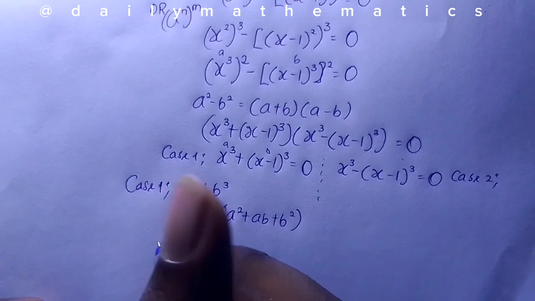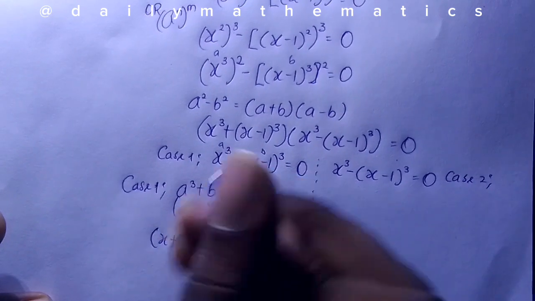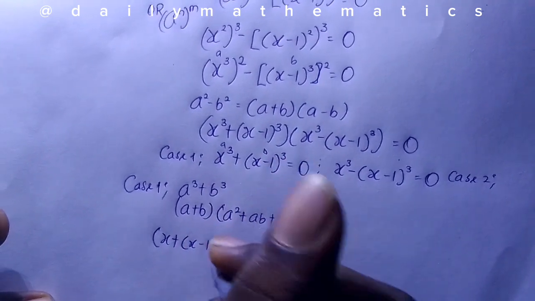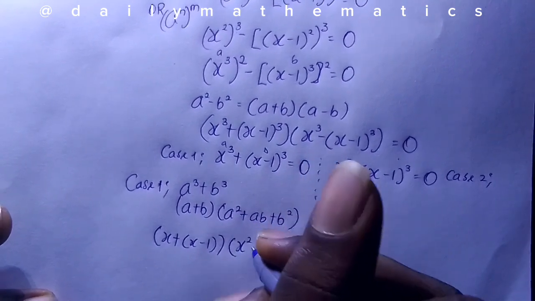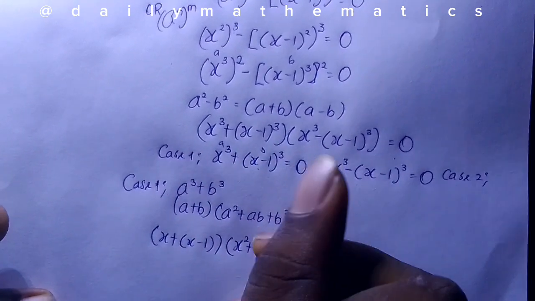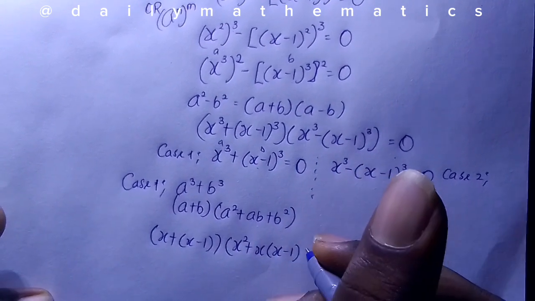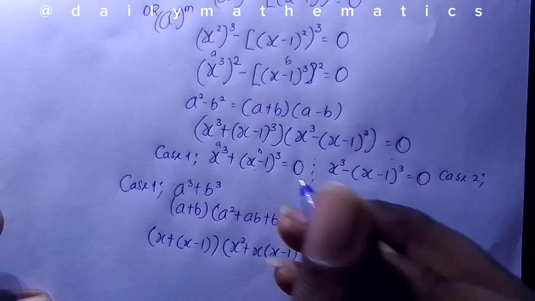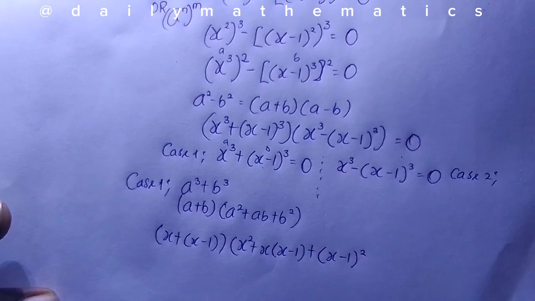So let's do that. From here we do x plus x minus 1, right, bracket x squared plus ab, that's this times this, that's x times x minus 1, right, plus b squared, that's x minus 1 squared, right?